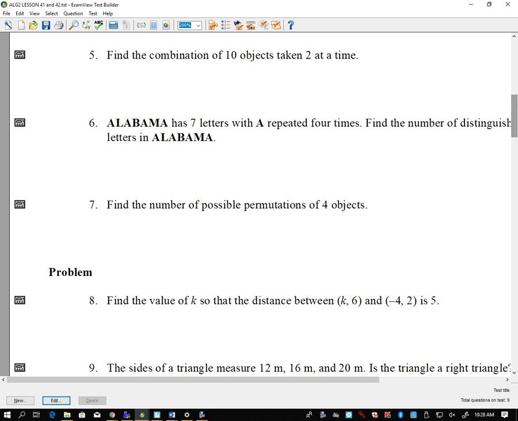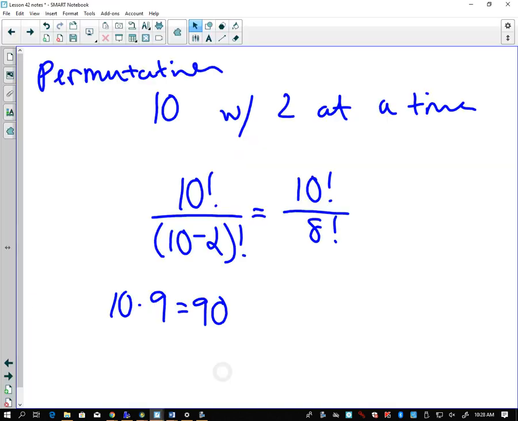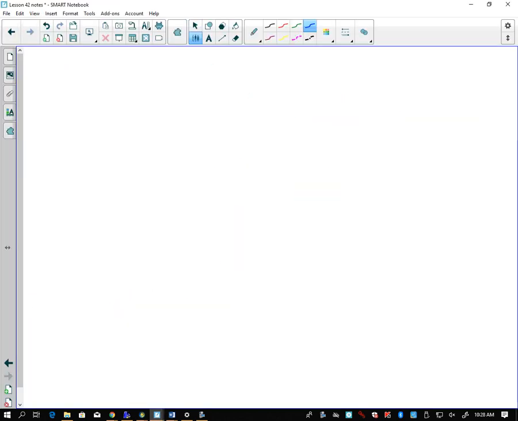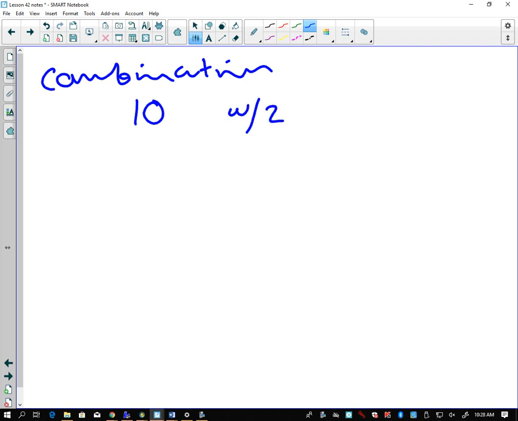Combinations adds a little bit to it. Same kind of thing, but combinations, where we have 10 with 2 at a time. Okay? What equation do I write here?